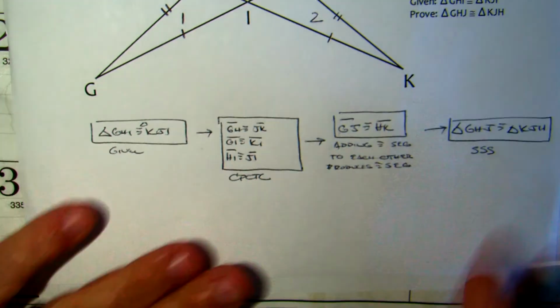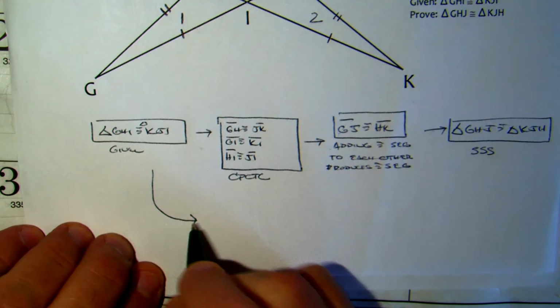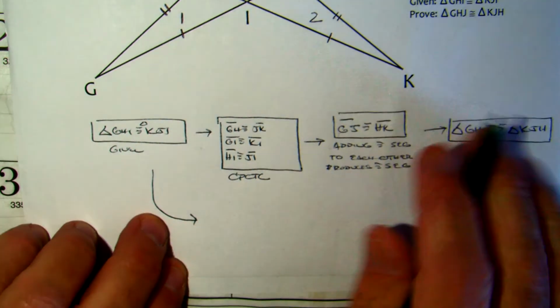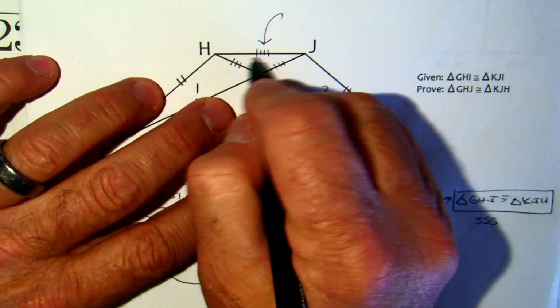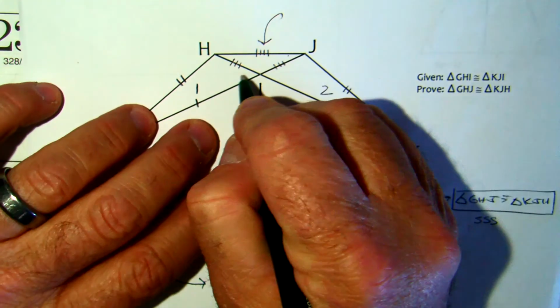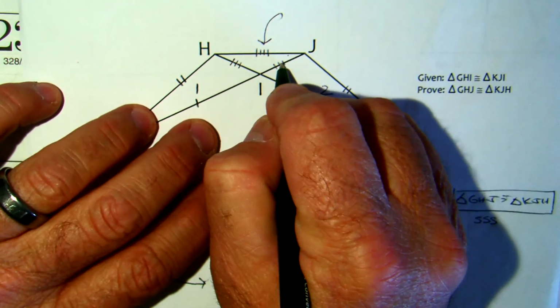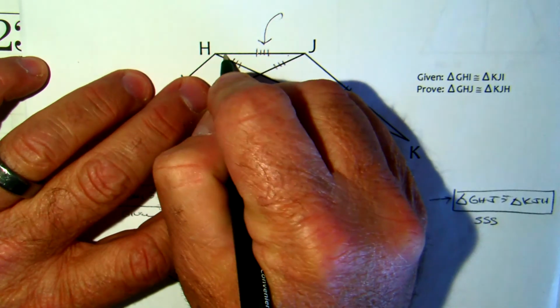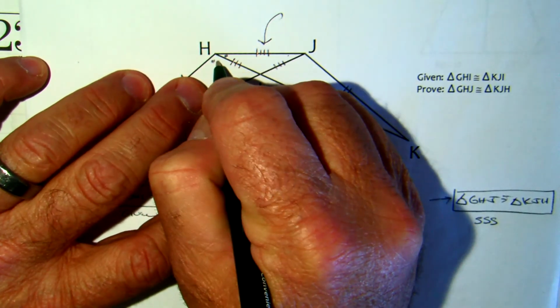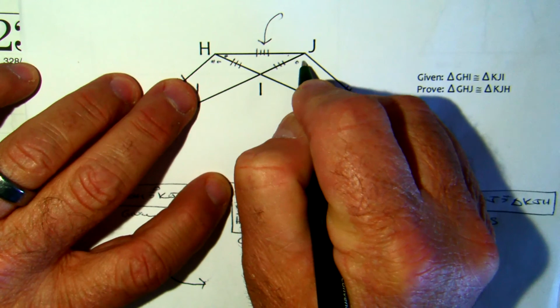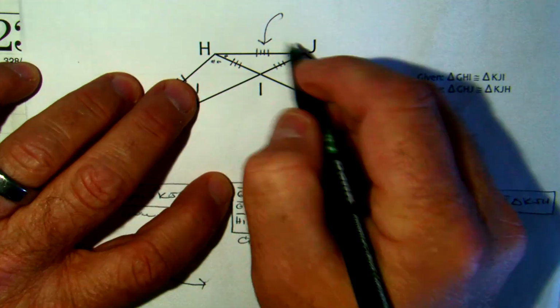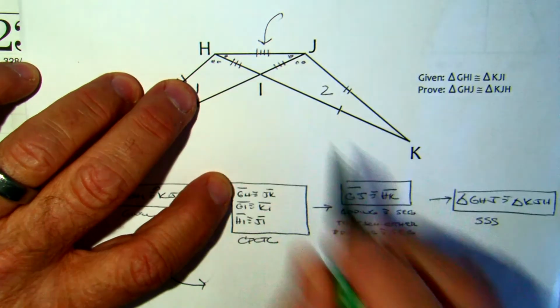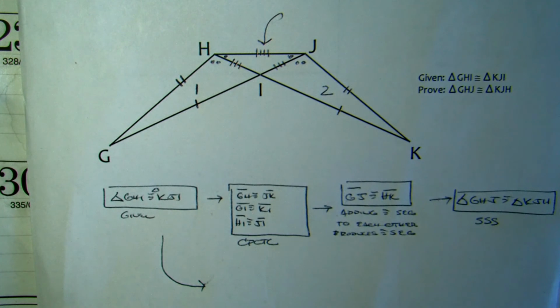Now the second way, perhaps, if we didn't want to use all the sides, and we'll walk you through it, is using these angles. So that triangle is congruent to that triangle. So that angle, first off, would be congruent to that angle by CP. And then those two angles would be congruent because the triangles are isosceles.